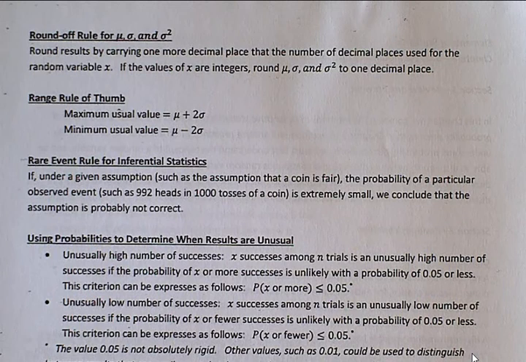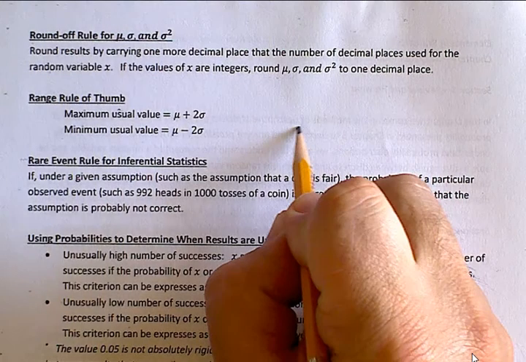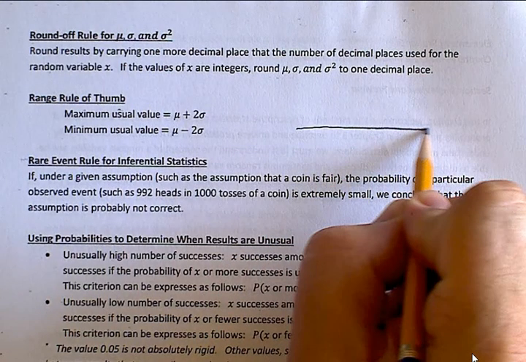And then the range rule of thumb, once we know what the mean is and the standard deviation is, then we can find maximum and minimum values for what we call usual. Remember we had a set of values like on a number line.